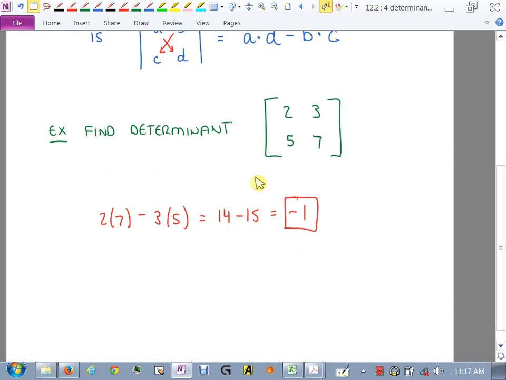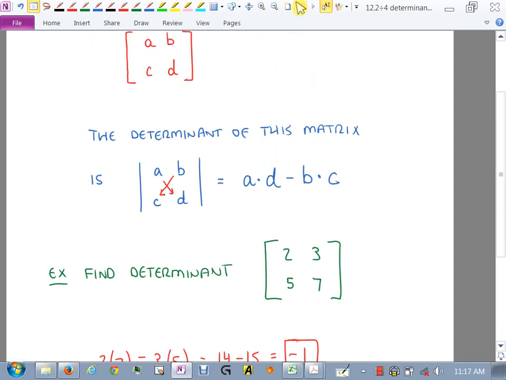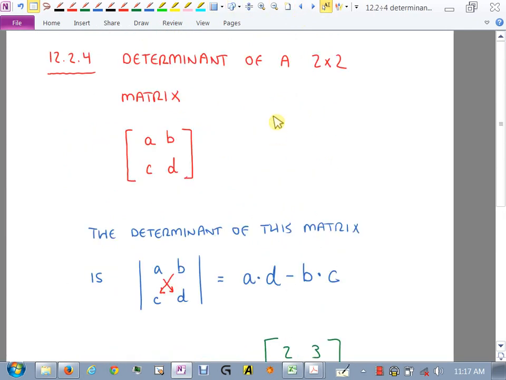So let's try a 3 by 3, and let's just see if you get ill when you see it. All right? Determinant of a 3 by 3 matrix.